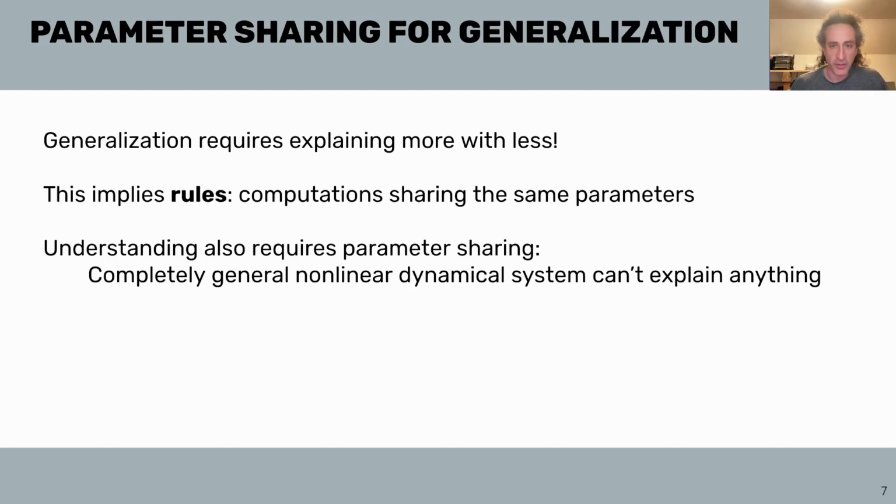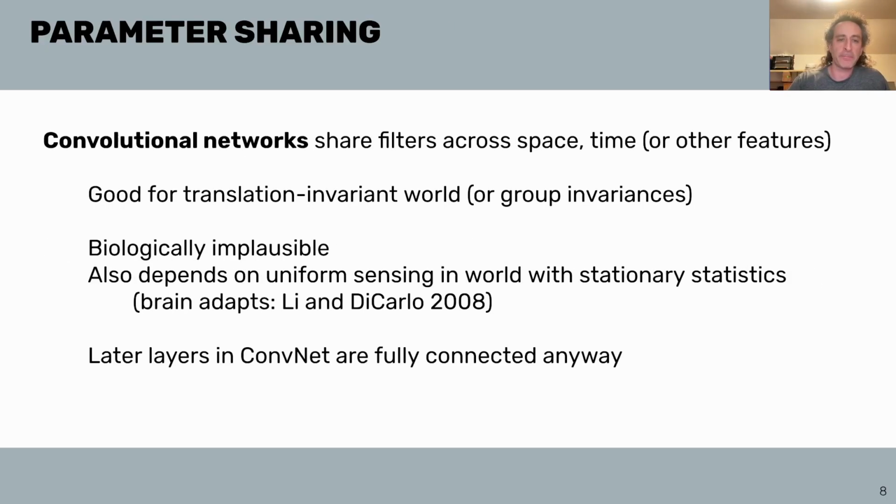There are computations that share the same parameters. This is also true for understanding. You need to share parameters to have an understanding, because if you just have a completely general nonlinear dynamical system with separate mechanisms for every individual computation, then you can't explain anything. So we really are focused on parameter sharing.